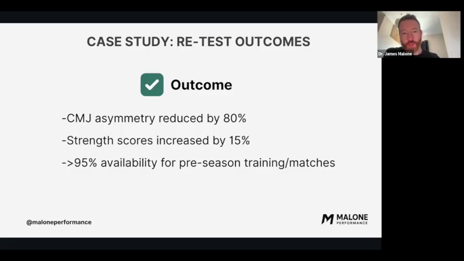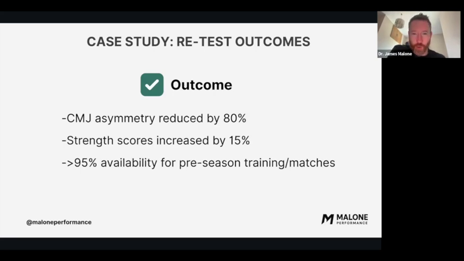And the most important thing here is then availability. As I mentioned all the way back to the first slide, the Jan Ekstrand study, availability is so important. It's the same in season, obviously, but particularly in pre-season, if a player can undertake a full pre-season, I've seen it firsthand, it just makes such a big difference in season for injury risk and for performance. It really does lay the foundations for everything that follows.